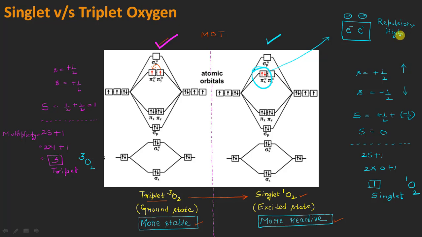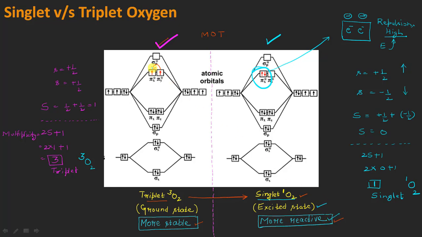The high repulsions will increase the energy of this system, and this is the reason why we call the singlet state oxygen the excited state, more reactive, or less stable.